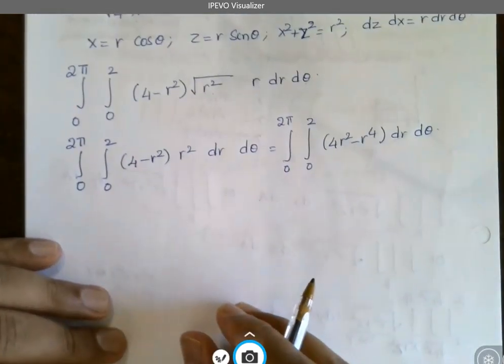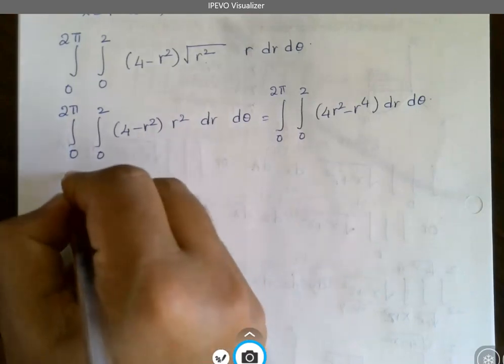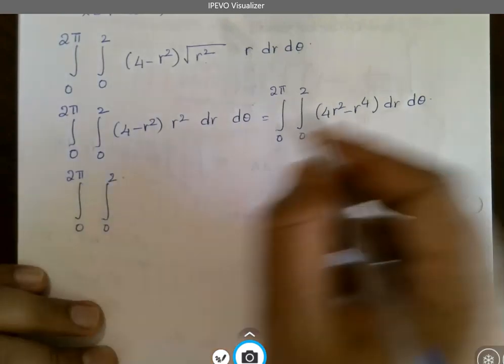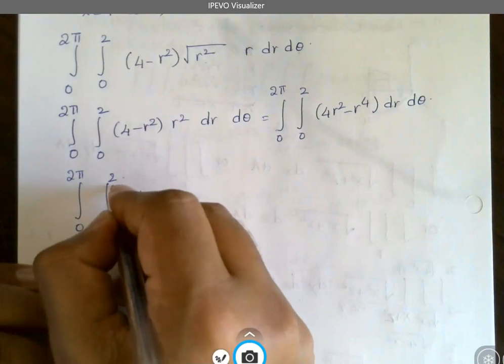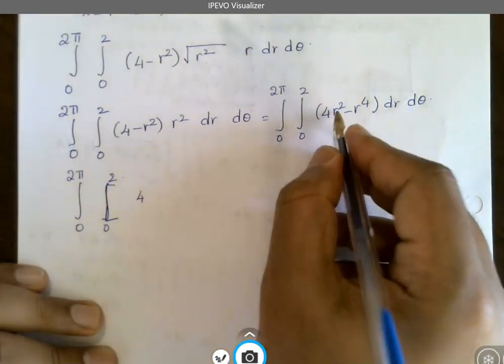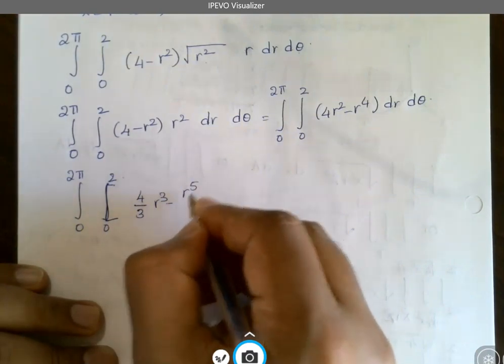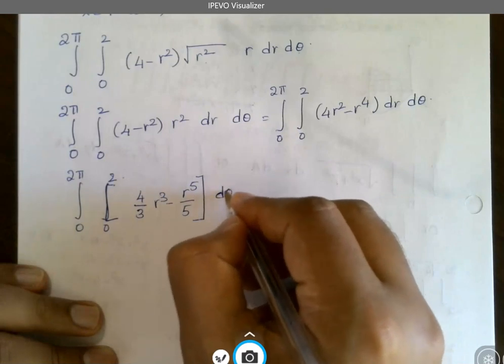Okay, now integrating with respect to r, I get 4/3 r cubed minus r to the 5 over 5, where the limits of integration are from 0 to 2, d theta.